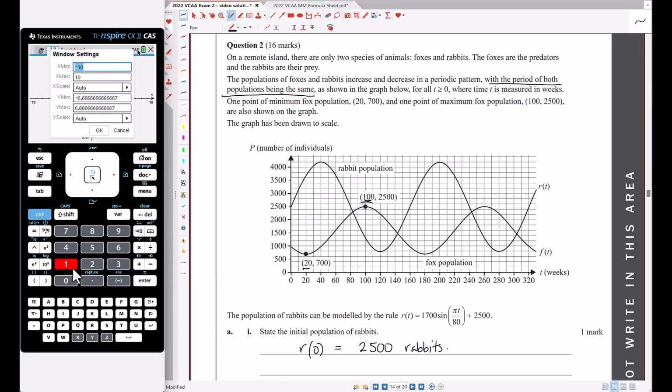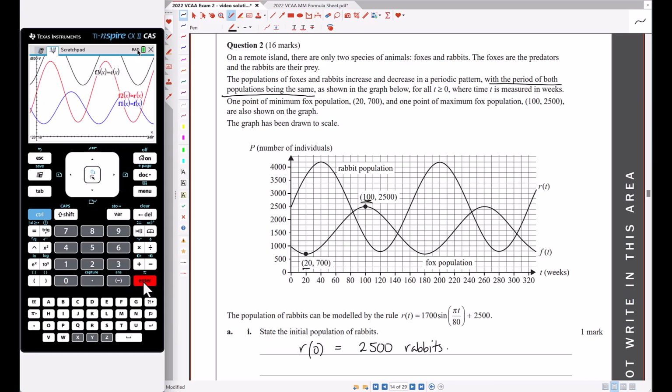Menu 4.1, let's make the x's go from minus 20 to 340, and let's make the y's go from negative 250 to 4,500. Okay, so there's my graphs.